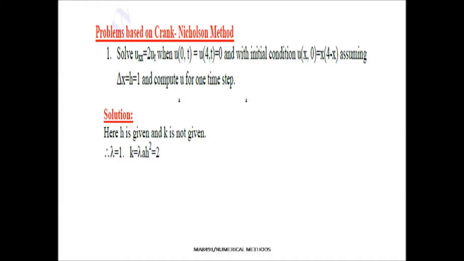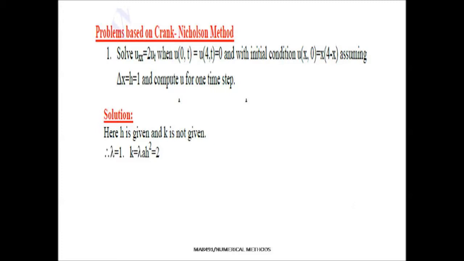Okay, now we are going to start the problem by finding our k value. So the solution is, first we find our k value. With lambda equal to 1, when you substitute in the formula k equal to lambda a h square, you get the value as 2.